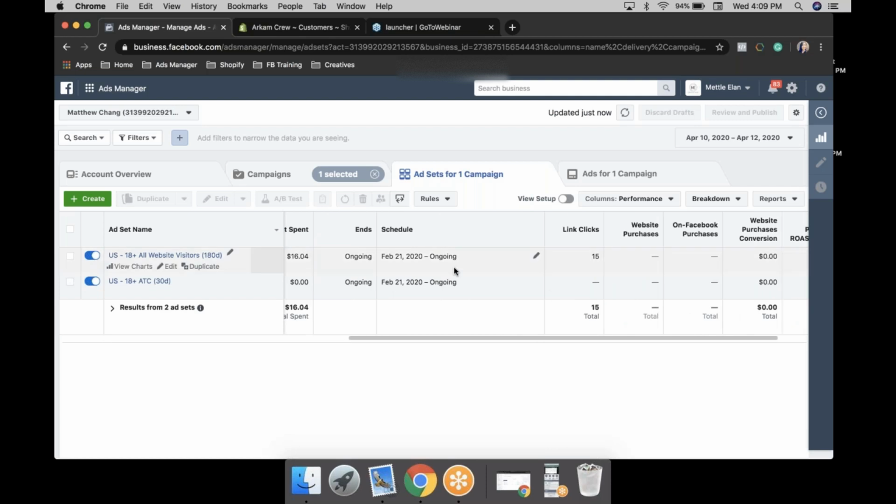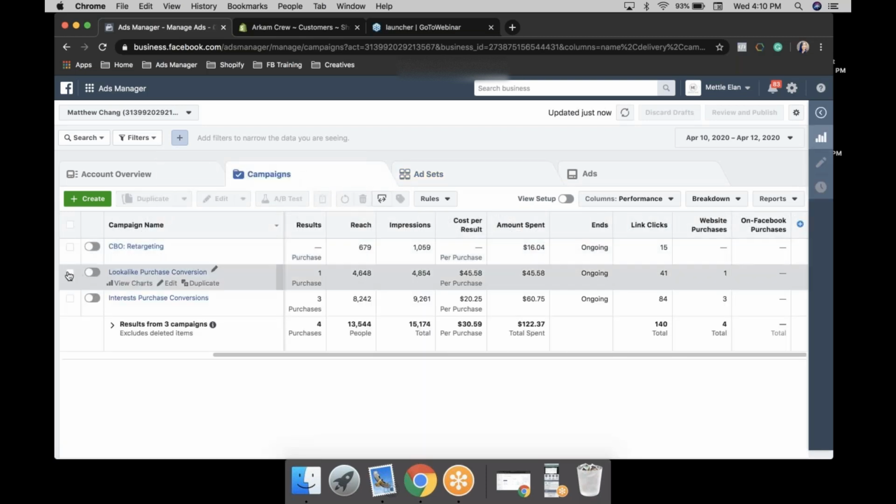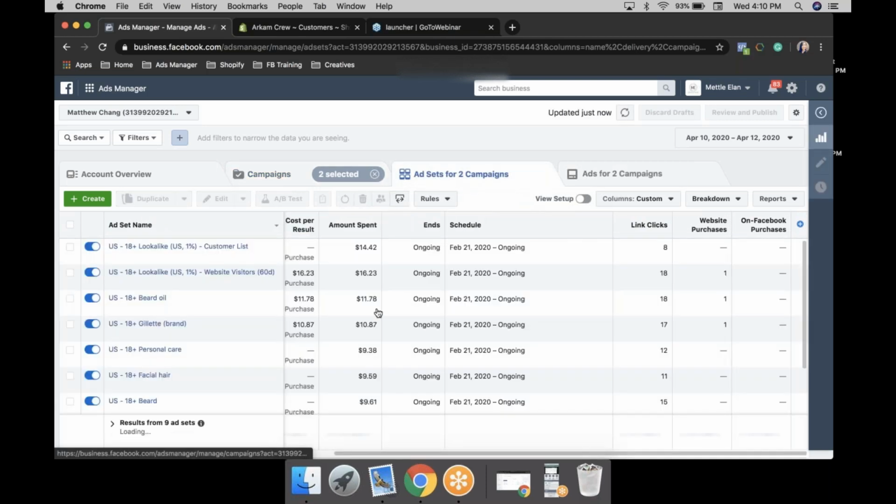It was $16 spent. So you said I should just focus and get the correct ad set that is the most successful, and then I'll retarget using that ad set for this campaign, right? Yes.